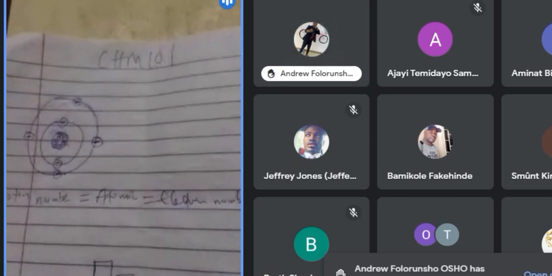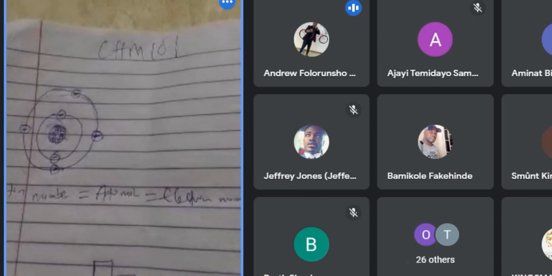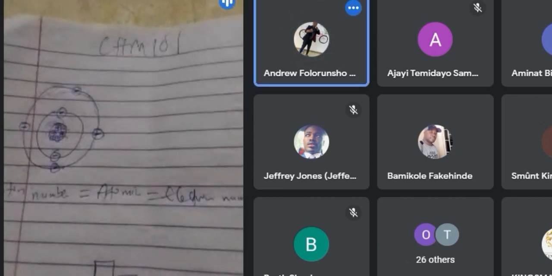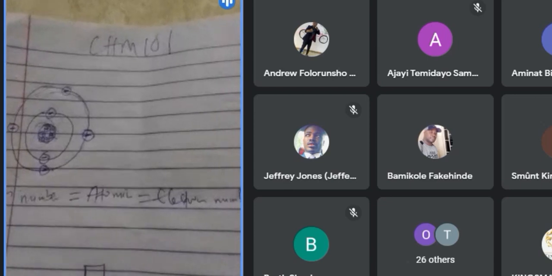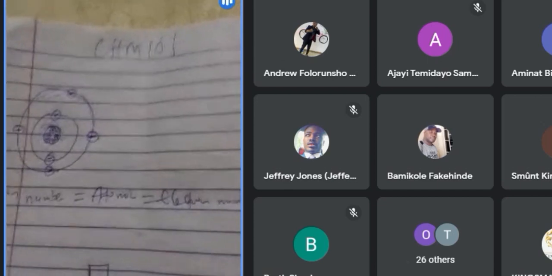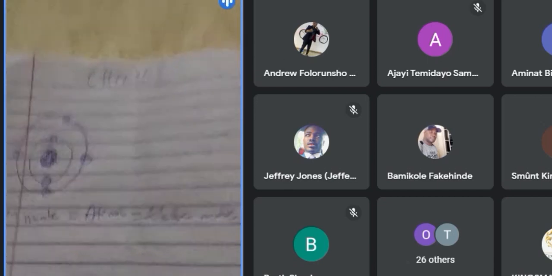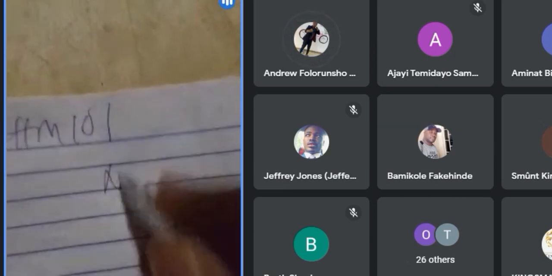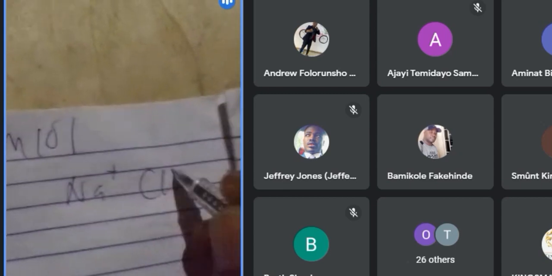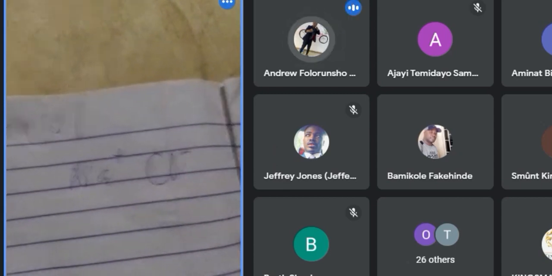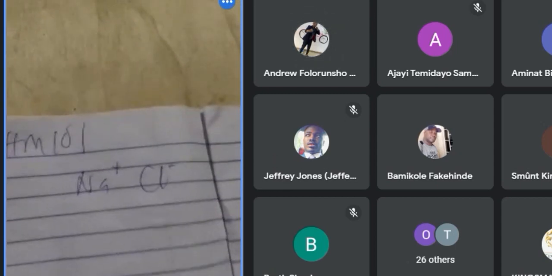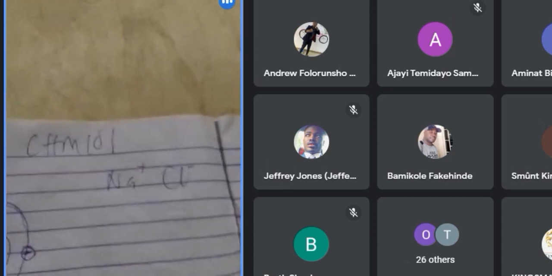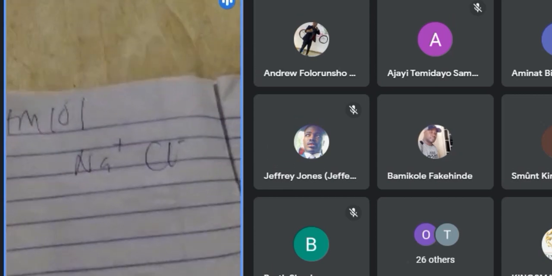Yes, that's after a chemical reaction has taken place. When the chemical reaction takes place, you now see that the element is not chemically neutral again. It will now become an ion. That's when you see that it is carrying a negative charge or a positive charge, because the electron has become more than the proton, or the proton has become more than the electron.